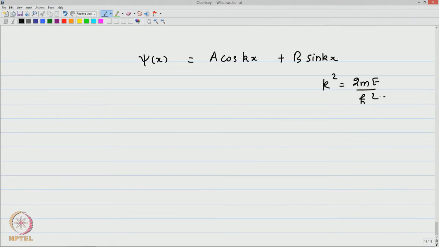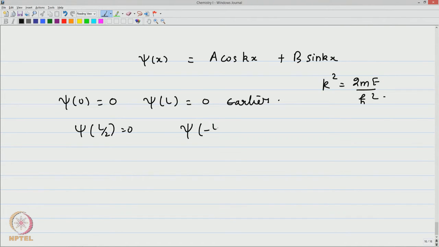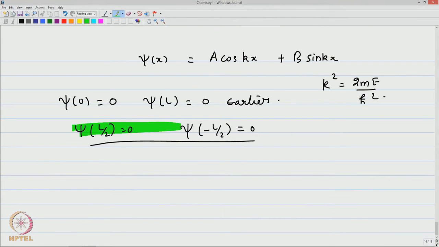And then we used the boundary conditions psi of x equal to 0 is 0, psi of L is 0 earlier. Now, we are told psi of L by 2 is 0 and psi of minus L by 2 is 0. So, these are the two conditions that we have to use instead of the conditions that we used earlier.